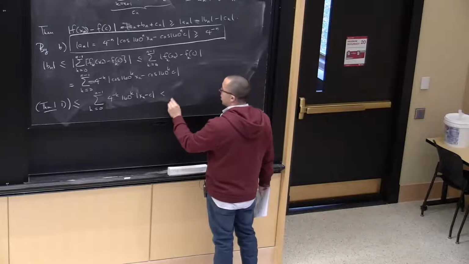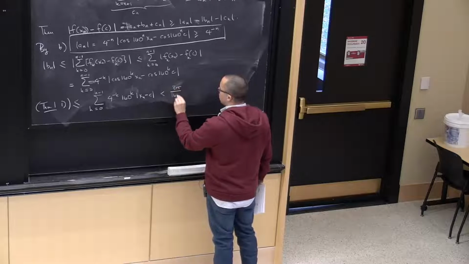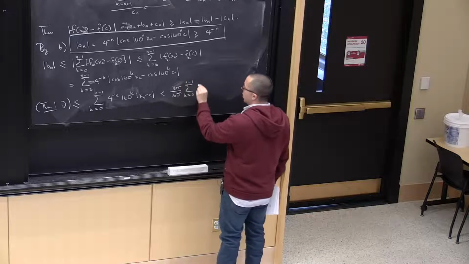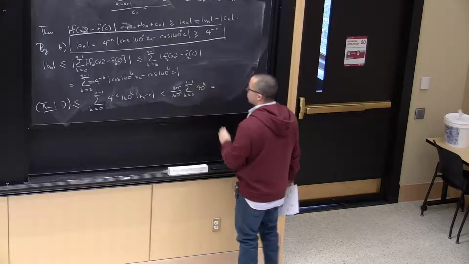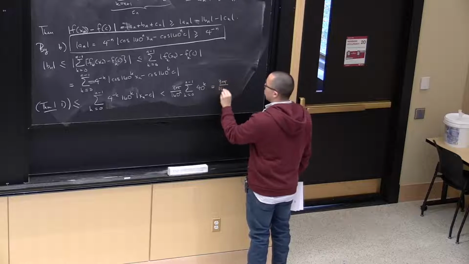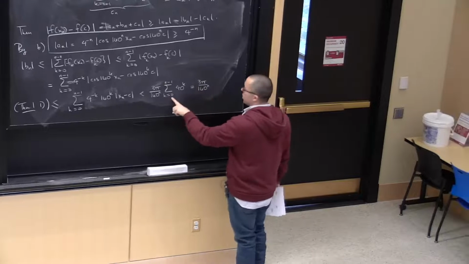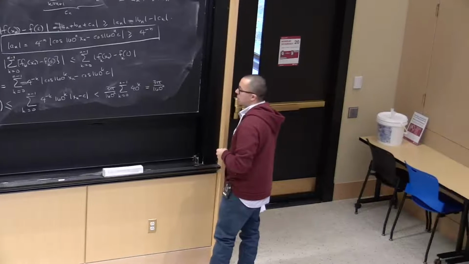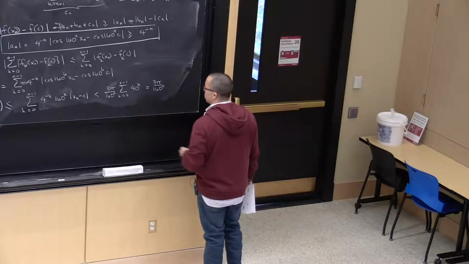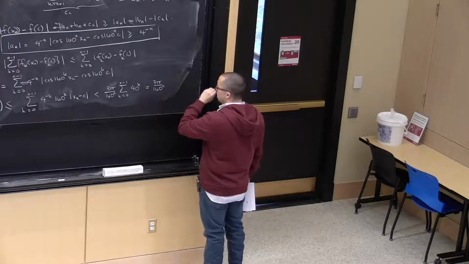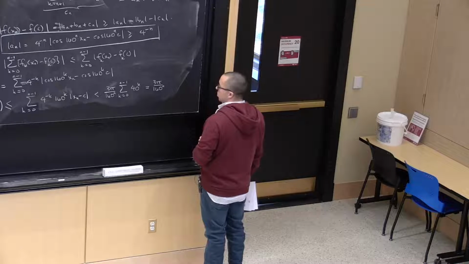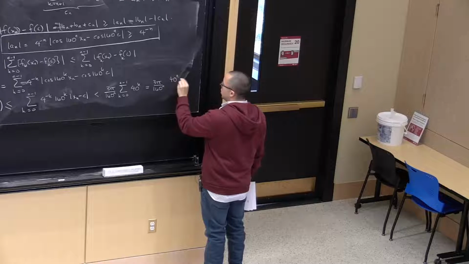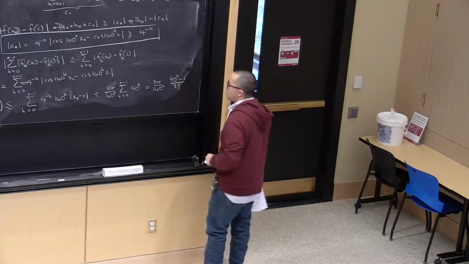So this is less than the sum from k equals 0 to n minus 1 of 40k times 3 pi over 160n. Now, for the sum from k equals 0 to n minus 1 of 40k, we use the formula for summing a geometric sum. What is this equal to? 40 to the n minus 1 over 39.